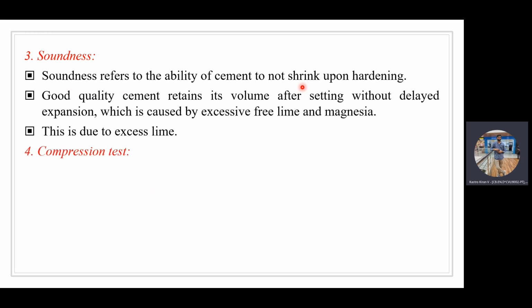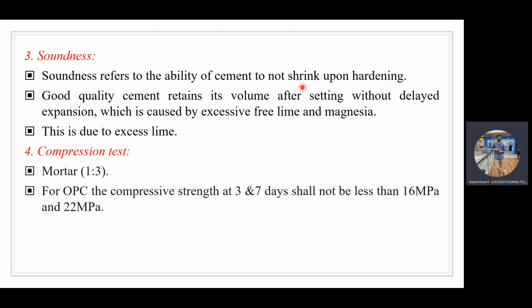And then the next property is the compression test, where we cast specimens using mortar and measure the strength of the cement mortar, not the concrete. At the end of 3 days, you should get strength not less than 16 megapascals, and at the end of 7 days, not less than 22 megapascals. That's the fourth physical property of the cement.